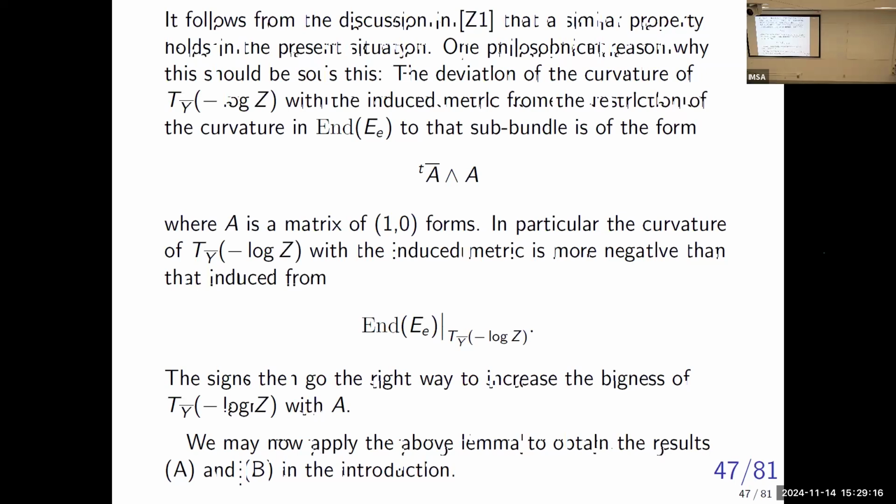So the curvature of the log tangent bundle with the induced metric is more negative than what's induced from this. So that means that the signs go the right way to increase the bigness of this thing with A.